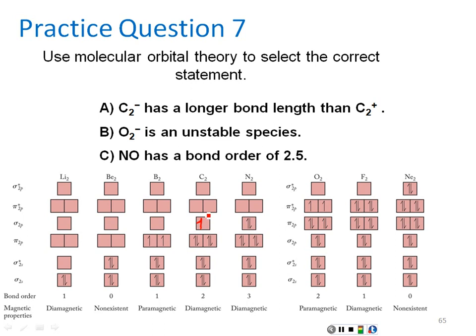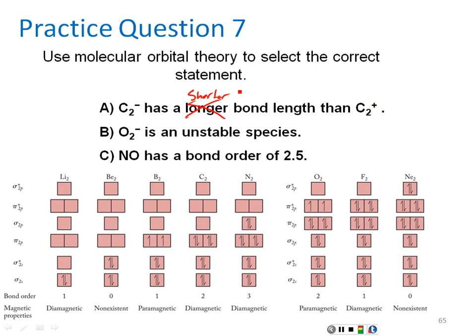So by adding more electrons in bonding orbitals, you're going to increase the bond order, which in turn decreases the bond length. So C2 minus would actually have a shorter bond than C2 plus. And C2 plus, you're removing a bonding electron, so that in turn is going to lower the bond order and lengthen the bond length.